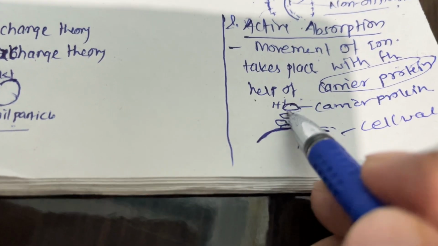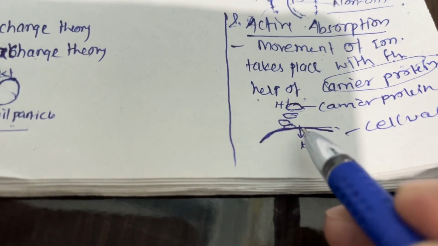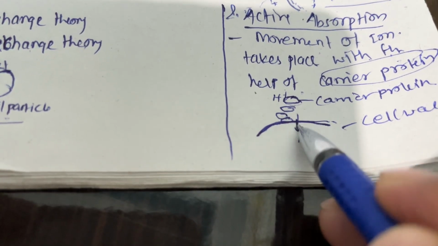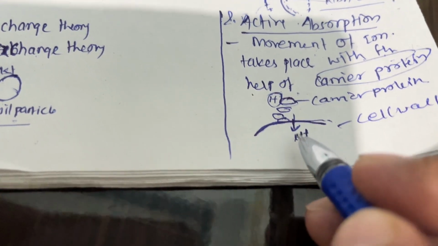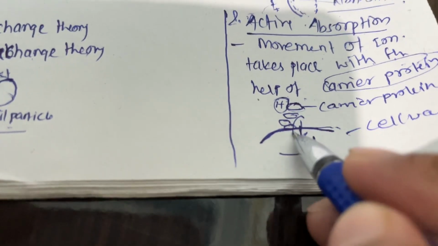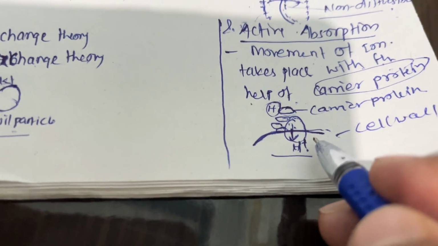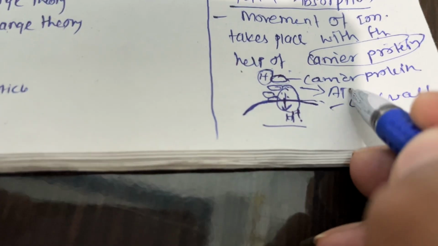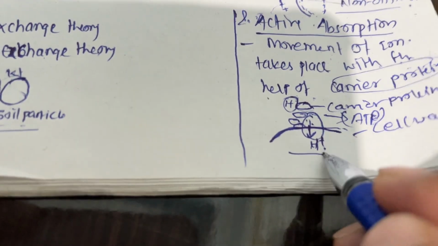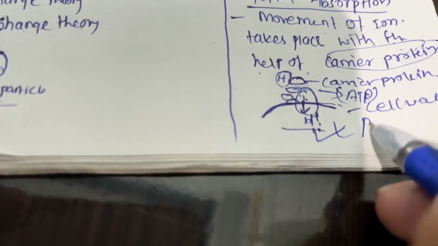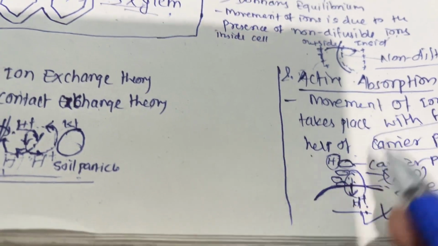The protein will carry some nutrients along with it to the cell wall, and here it will release these ions into the cell. And when this protein releases this ion into the cell, it requires energy. It requires metabolic energy to perform this process. So this is the active absorption.